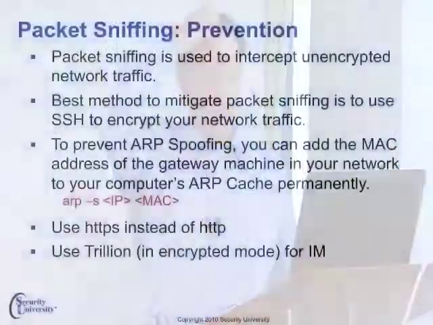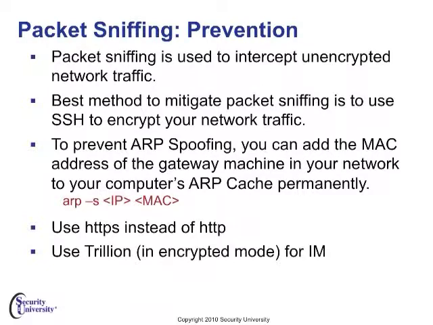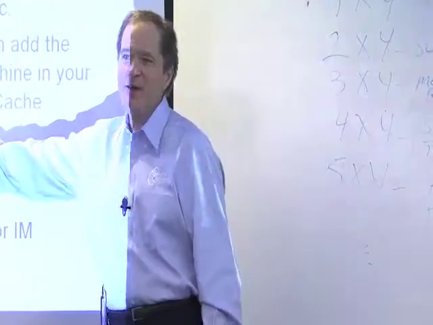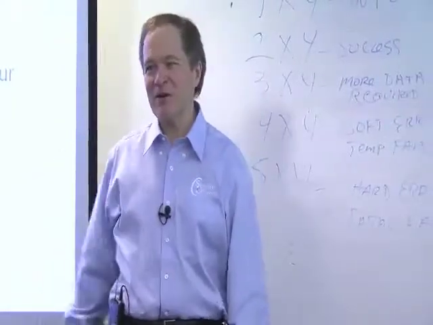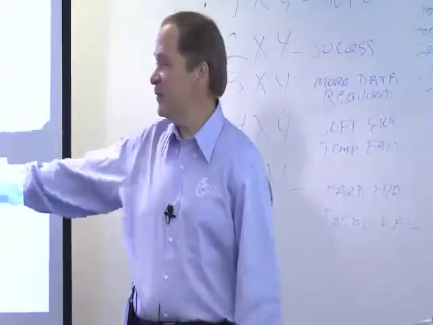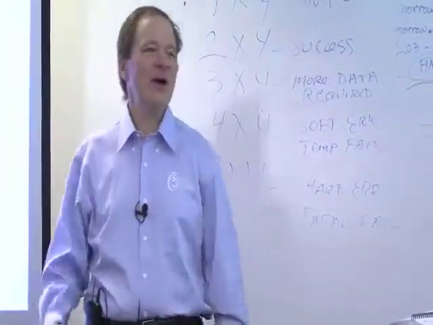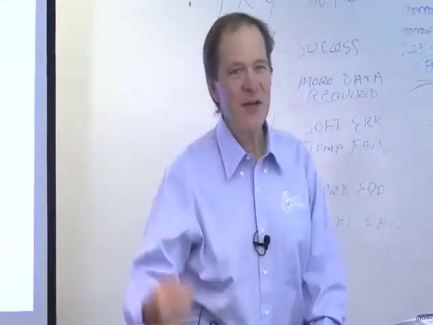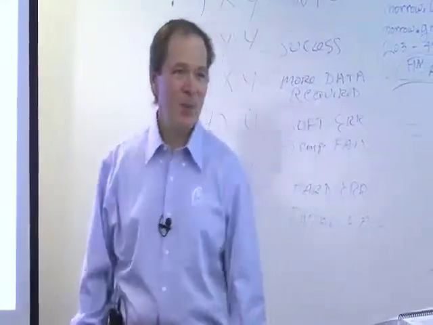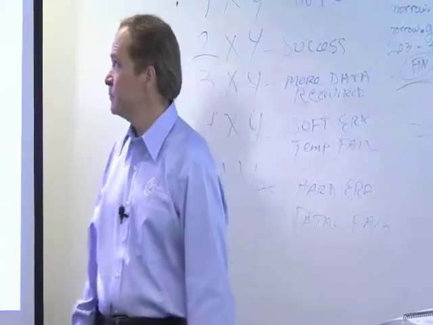So to prevent sniffing, what can you do? You can use static ARP caches. And here's how you go into your ARP cache and you statically create a mapping between an IP address and a MAC address. From then on, if you've got this in your ARP cache, your machine is not going to go out and ARP for that IP address. It's going to use the permanent ARP entry in your cache, right?